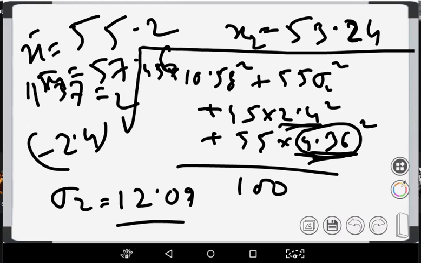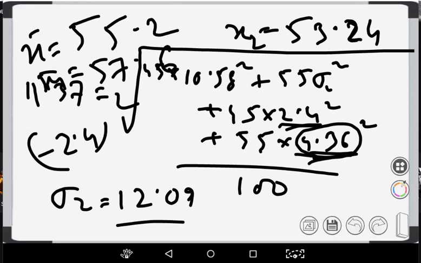How you calculate it is your problem. I'm not going to teach how to find the value of sigma. Every value is given. The only value that is not given is sigma 2. So put the values in the proper place and calculate. How you get it is your problem.